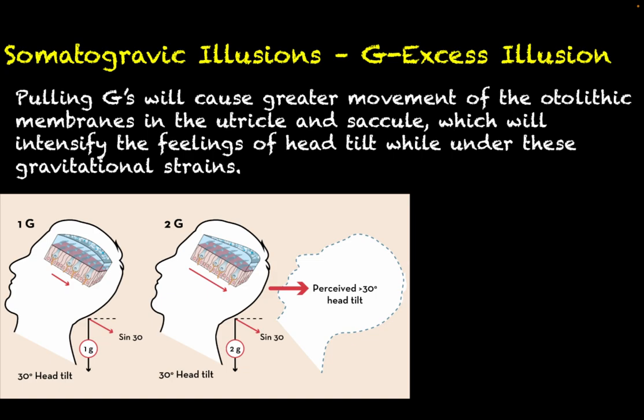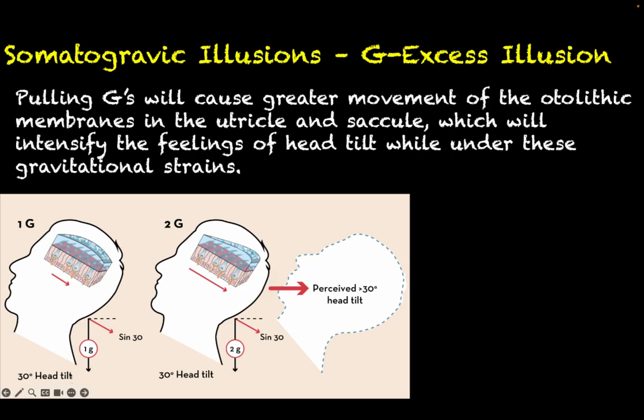If you do all that while pulling G's, then the feeling gets magnified several times over. Pulling G's will cause those otoliths to move even more than they otherwise would, so it's going to intensify those feelings of head tilt while you're pulling G's.